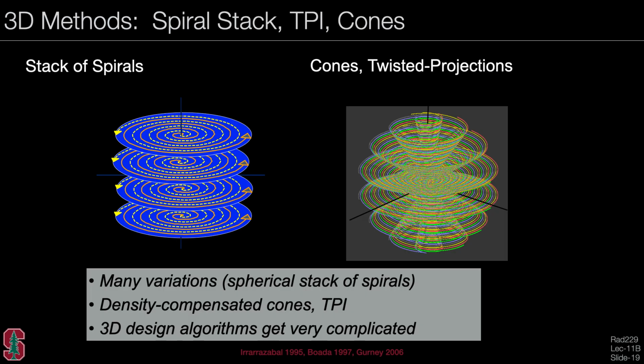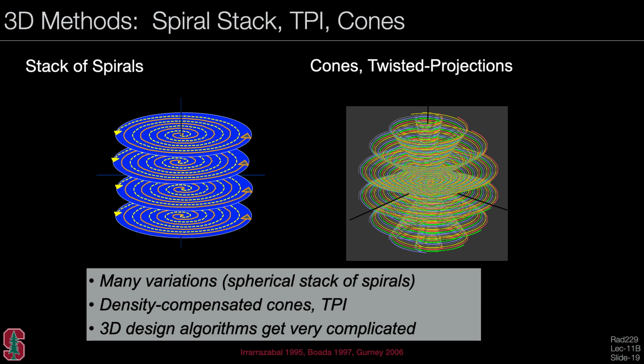There are also variations of spiral for 3D. The simplest, perhaps, is what's called the stack of spirals, which combines a spiral trajectory in plane with KZ phase encoding. There are variations such as cones or twisted projections, which sample the 3D space on the surface of a cone.